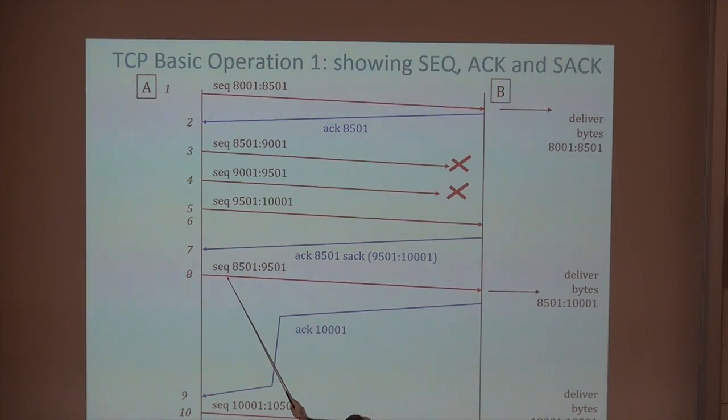If you look at the thing carefully, you will also notice that at line 8, the source transmitted 1,000 bytes, whereas before it was transmitting 500 bytes.